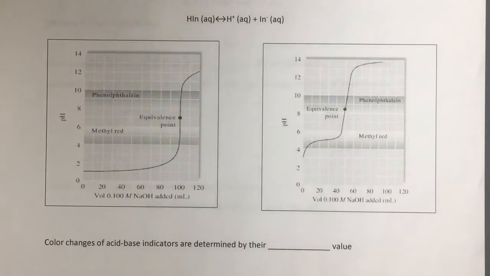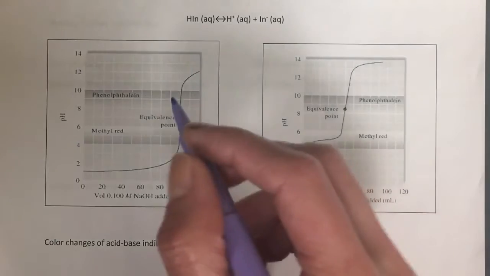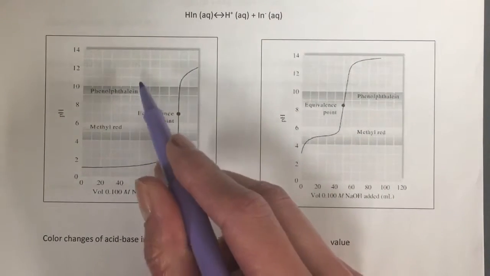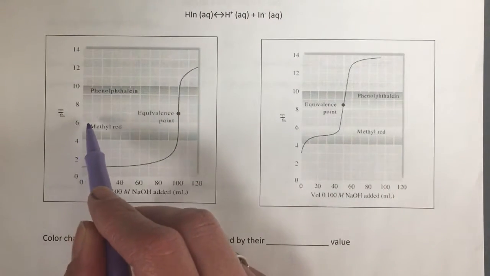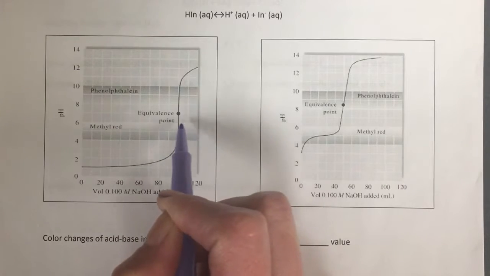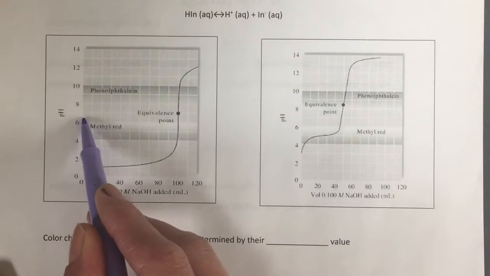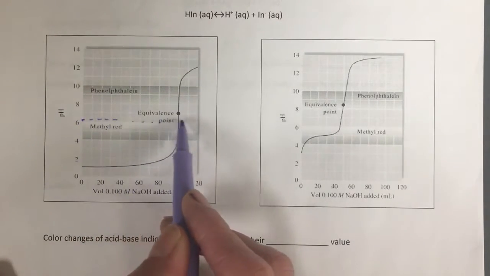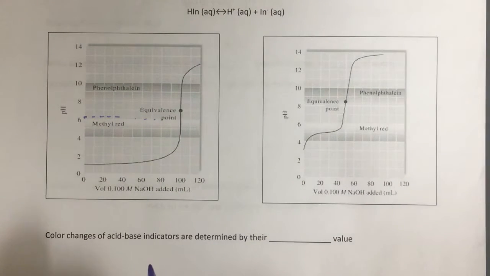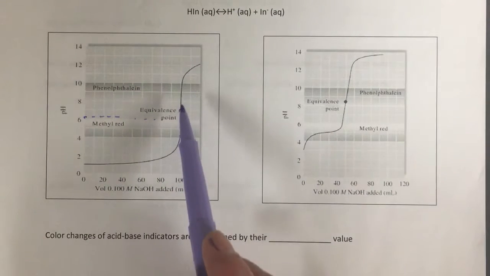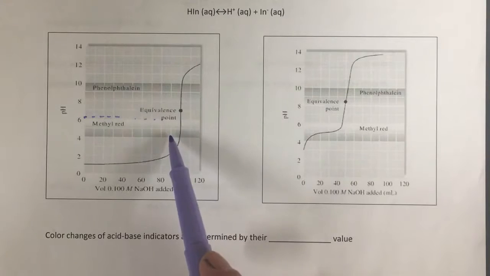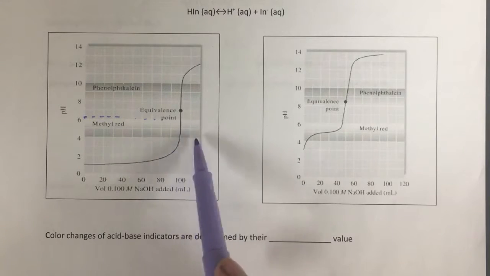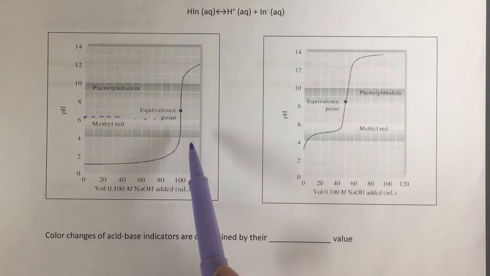Okay? Now we want to choose an indicator that's going to change colors at about the same point as our equivalence point. Now if we look at the first reaction, phenolphthalein will turn just a little bit of pink right here at this line. It's kind of hard to see, but it's about when it starts changing colors. So it'll fall within here. Methyl red starts changing colors down here, so it's not going to be that great.